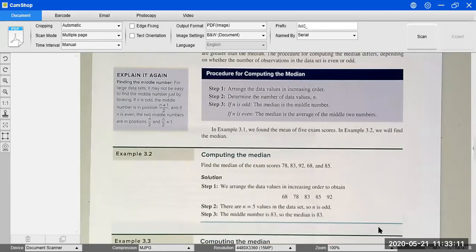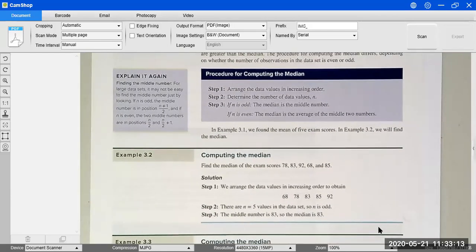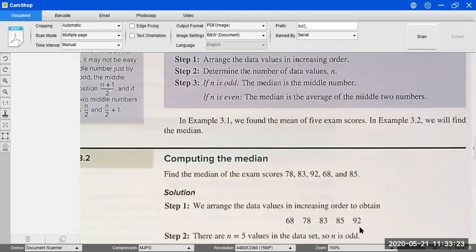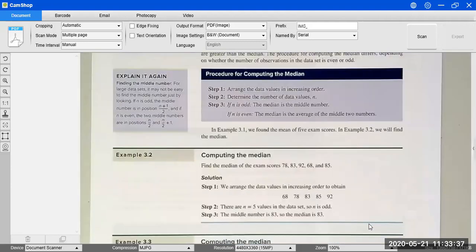Okay, we have here example 3.2. Let me increase the font size for you to see. Example 3.2 is find the median of the exam scores 78, 83, 92, 68, and 85. These are the values that we used before. So let's use R to do it.